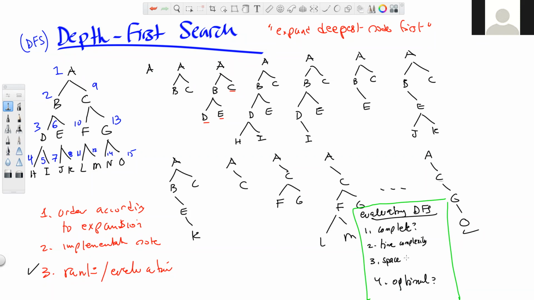And I'm going to help you out here by reminding you of the parameters we used before. Remember what we did for the parameters to express space and time complexity. We had B, the branching factor, we had D, and we had M, which is the depth of the search tree. These were the parameters for the complexity.